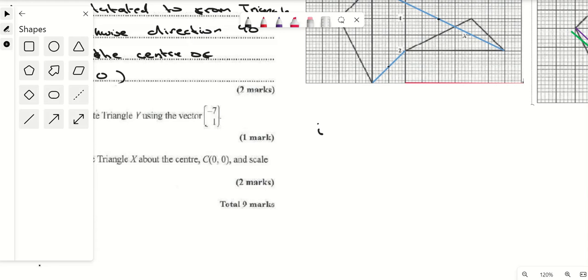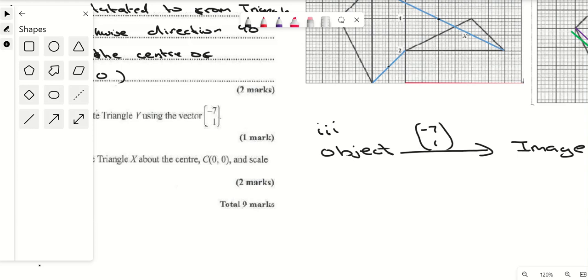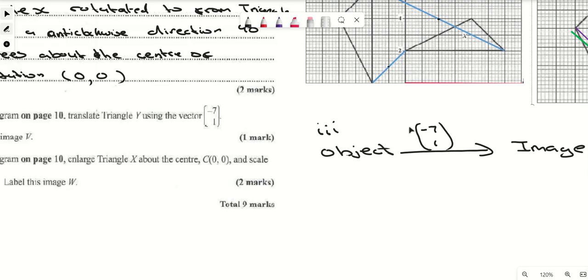So part 3, right? We know your object to your image has to undergo a translation of minus 7, 1, right? We're going to take the coordinates of our object, turn it to a column matrix, and then add it to our translation that they gave you to get the coordinates for your image.